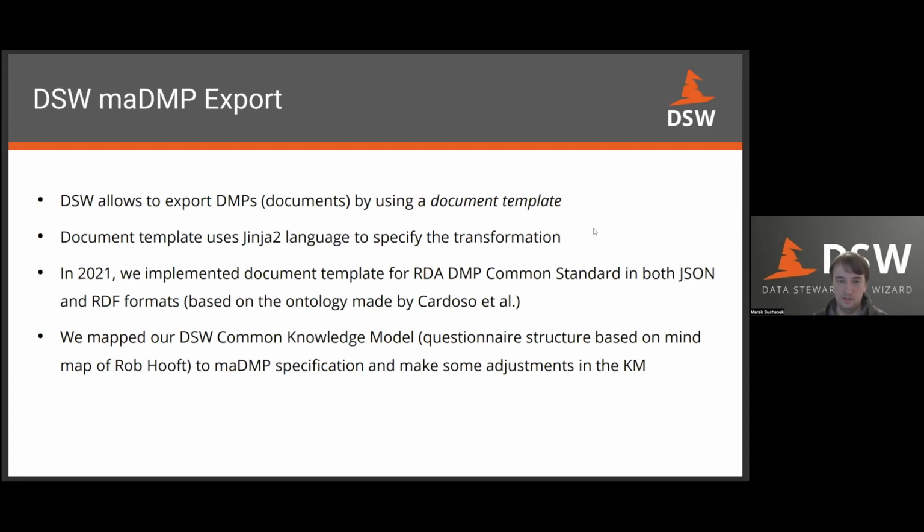We use the Jinja templating language, which provides us this flexibility. And in the mentioned hackathon for machine actionable DMPs in 2021, we implemented this document template for the DMP common standard, both in JSON and RDF formats.